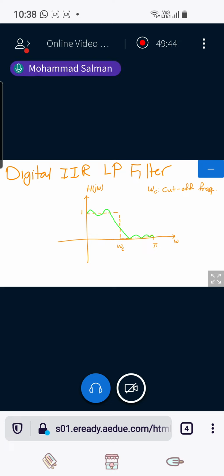So let's define some important points here. The orange one does not exist in real life. What exists in real life is the green one.